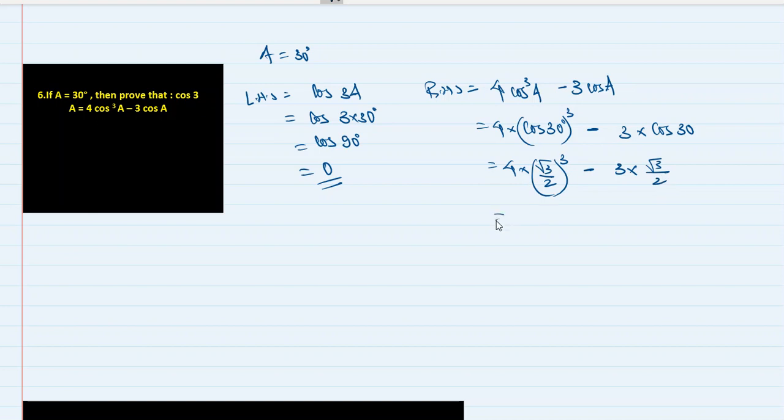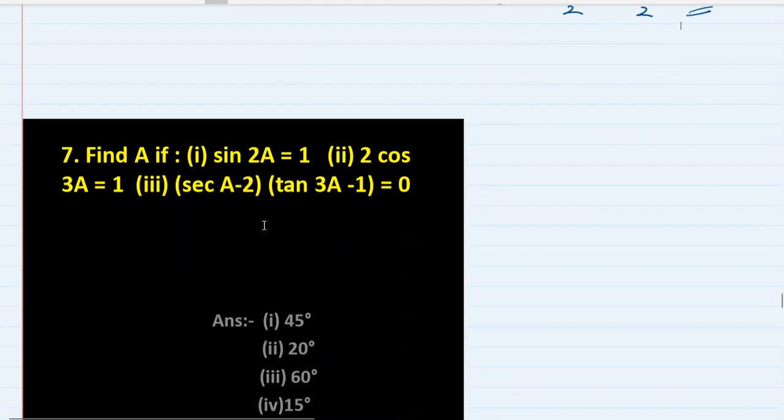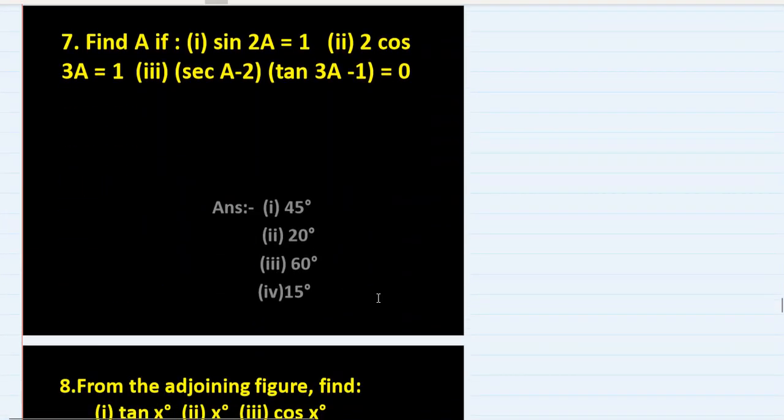So this will become 4 times 3 root 3 by 8 minus 3 root 3 by 2. So 3 root 3 by 2 minus 3 root 3 by 2 is 0. So LHS is equal to RHS. You just have to substitute the values. All the questions are similar. Let's go to the next question.